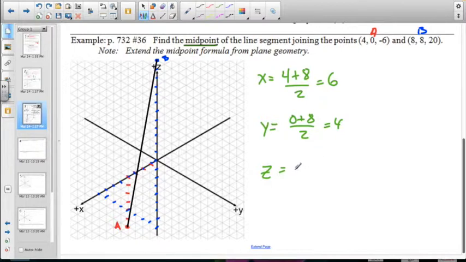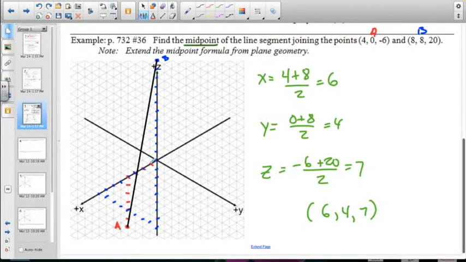If we take -6 plus 20 divided by 2, that's 14 divided by 2, that's 7. So if the midpoint is 7 and the distance between the points is 26, then 7 has got to be 13 away from 20, and it is, and 7 is also 13 away from -6. So that's the middle of the rise, so to speak. So our midpoint's got to be 6, 4, 7.